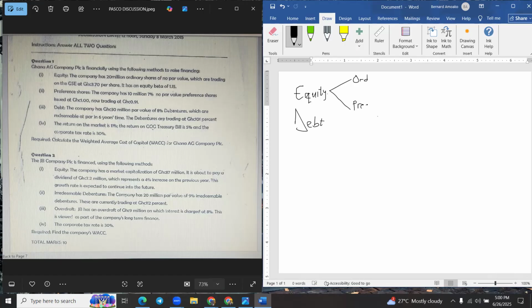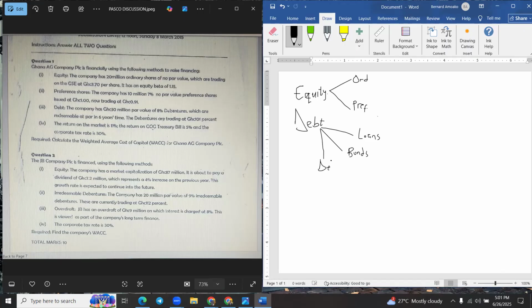But then for debt, we can actually look at about four items. So we can look at the loan. We would look at bonds. So loans, bonds. And last one, we'll talk about debenture.